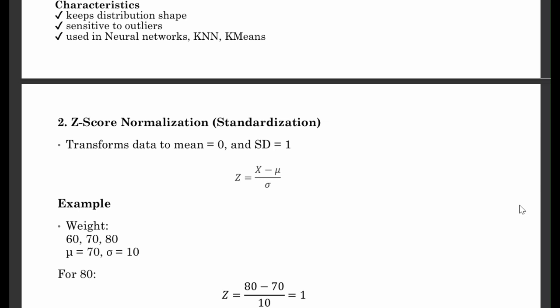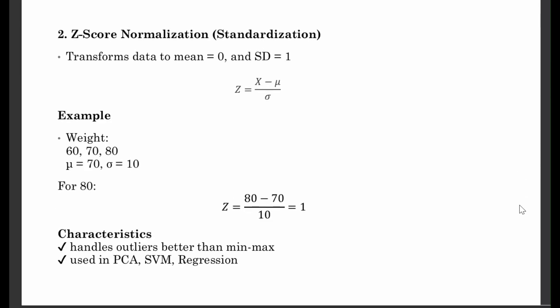Now coming to technique 2, Z-score normalization, which is also called standardization. It transforms data to have mean equal to 0 and standard deviation equal to 1. The formula is x minus mean by standard deviation. For example, the weights are given as 60, 70 and 80, and the mean is 70 and standard deviation is 10.